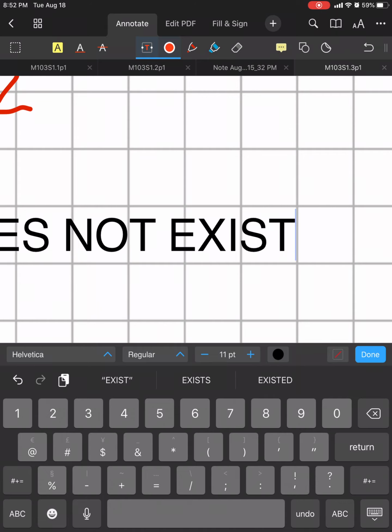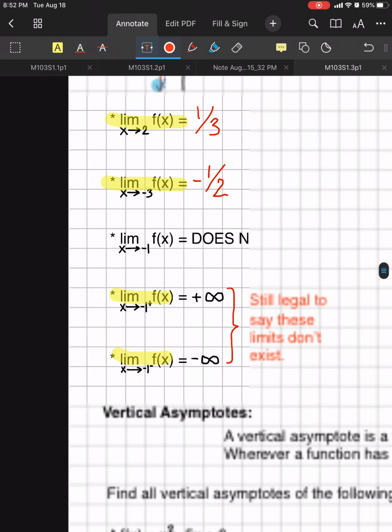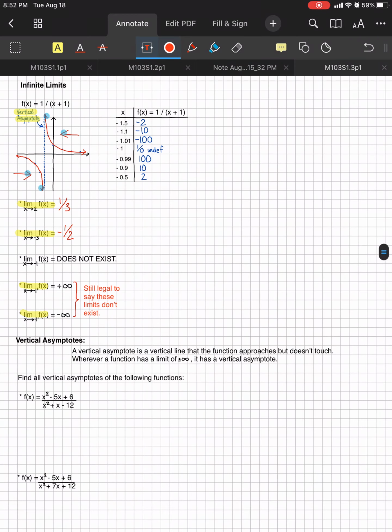There we go. That's better. All right. So, this one, there's nothing we can say about it other than it doesn't exist. But the other two, the ones approaching from one side or the other, we can say that those are plus or minus infinity. Okay, so that is what we mean by infinite limits here.